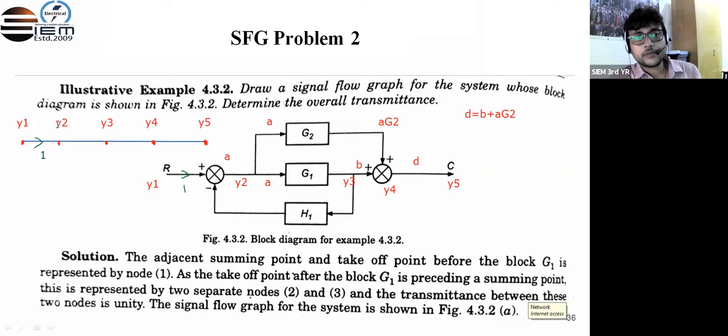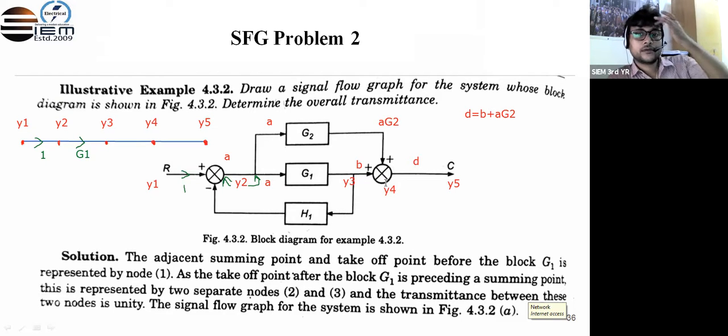Then y2 to y3. This is the same common node y2, because y2 is applicable for this one as well as this particular takeoff point. Now y2 to y3, there is a value g1 which is from left to right. So here this is g1.